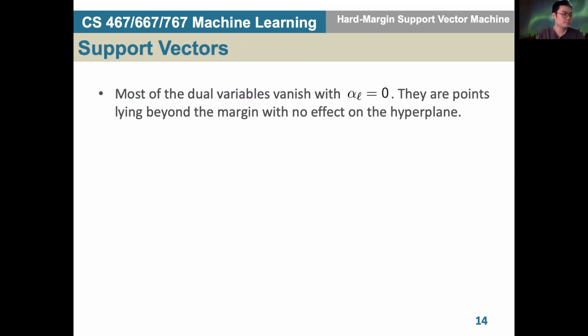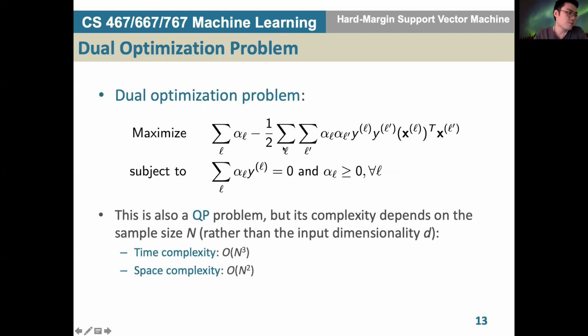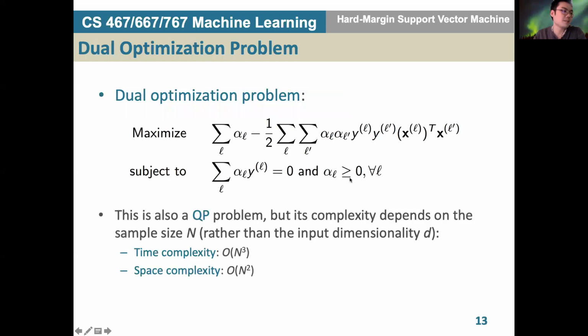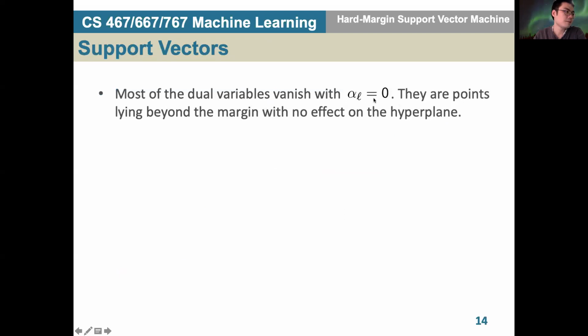So the concept is support vectors. For this optimization problem, what you will find is that because we are computing alpha for each row, most of these alphas will vanish, which means they will be equal to 0. Keep in mind, they cannot be negative; they can at most be 0.